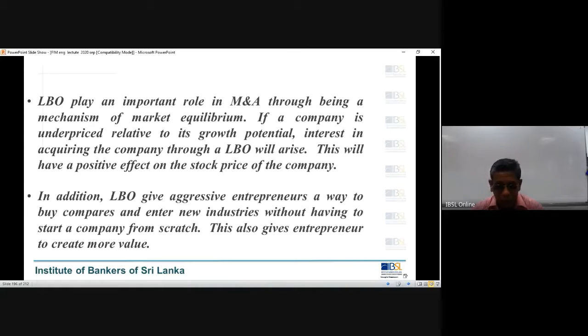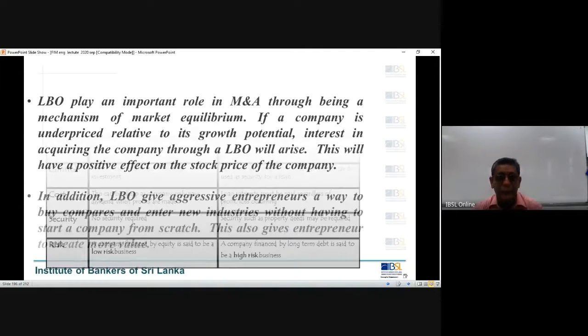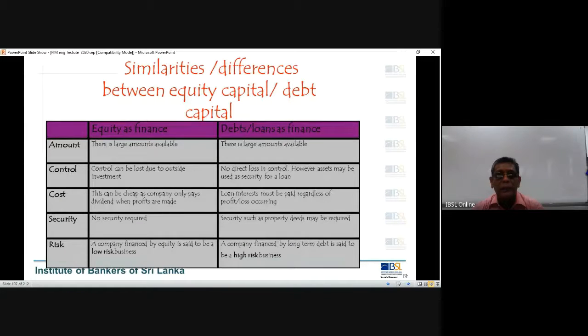Up to now we have discussed basically eight or nine methods of financing the project. You can use equity and you can use debt or loans as finance. So what is the difference? If you compare these two, large amounts are available in equity finance.